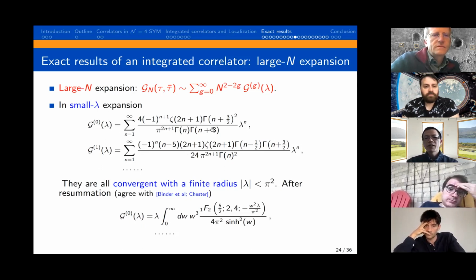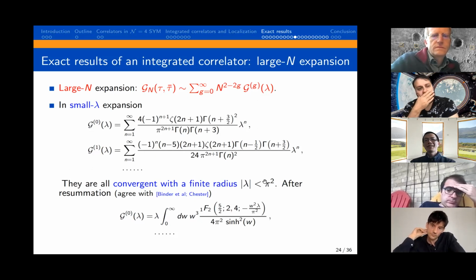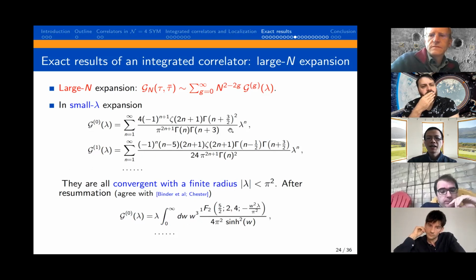And we always find this theory is convergent with a finite radius. This property, I think, has been seen in many places when people study N=4 super Yang-Mills. And since it's convergent, you can even resum it. Due to those zetas, resumming is not trivial, but you can replace zeta by symmetry and so on.